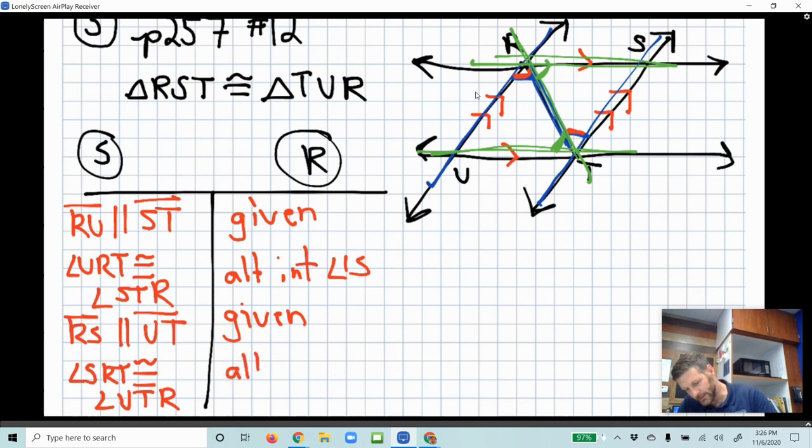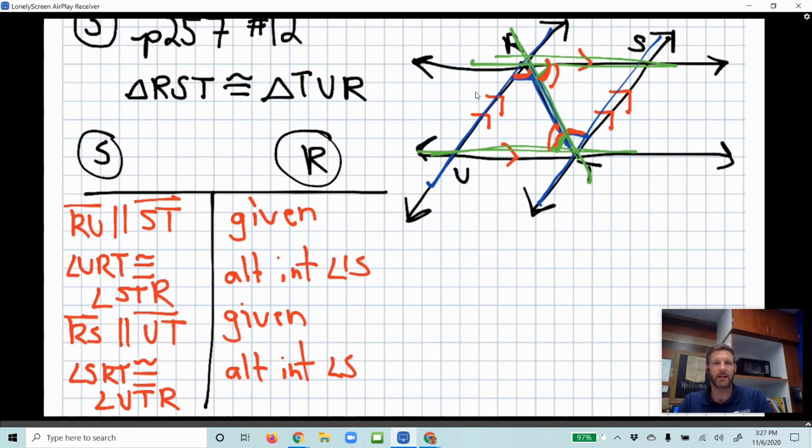Again, alternate interior angles. So now I've got a set of congruent angles here and here, so I've got two. Usually you need three pieces, SSS, SAS, AAS, etc. I have two angles, so I'm only one piece of information away from proving these triangles congruent. I've used my two givens, so there must be some other clue here.